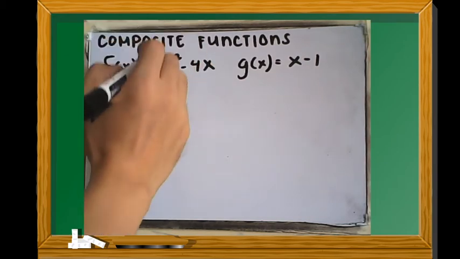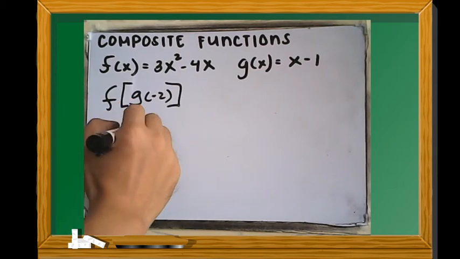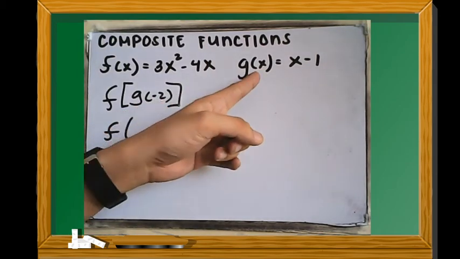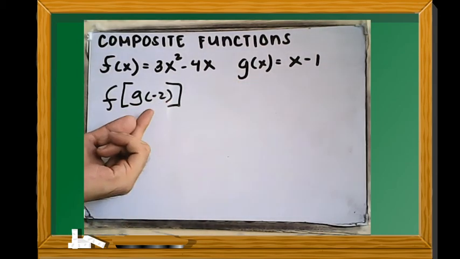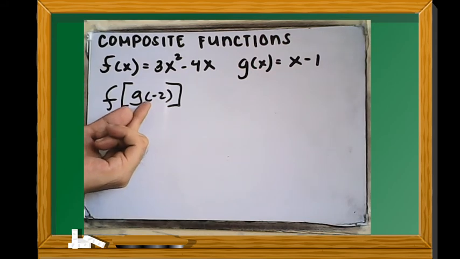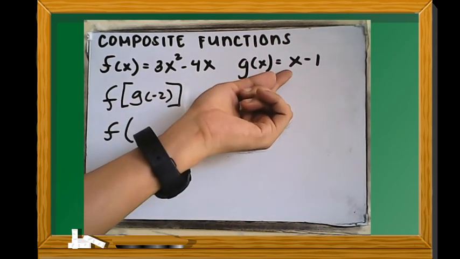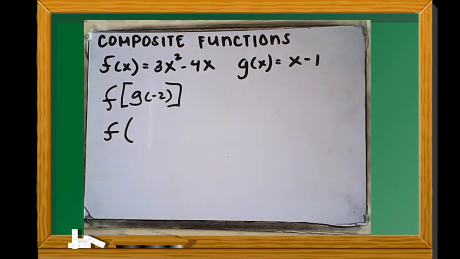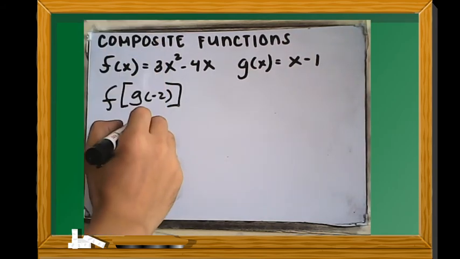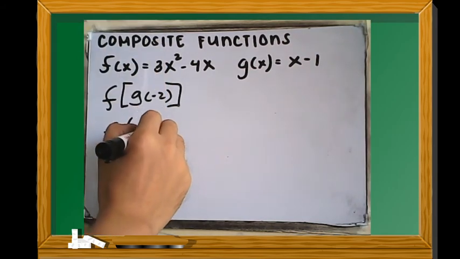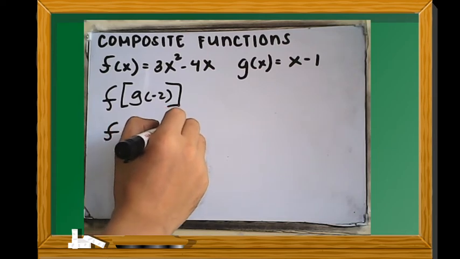So here, instead of copying x minus 1, we will substitute negative 2 to x in the given function. So it will become negative 2 minus 1.